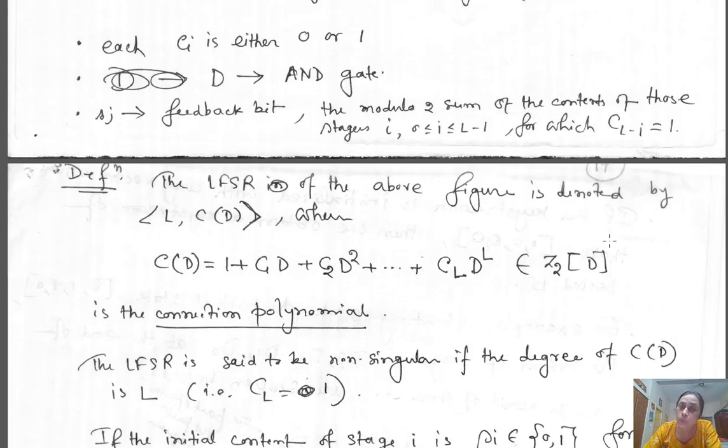This is the collection of all polynomials of any degree. The only restriction is the coefficients are from Z2, either 0 or 1. So for any polynomial you take, the coefficients Ci are either 0 or 1, and D is a variable. Okay. So this is called the connection polynomial.